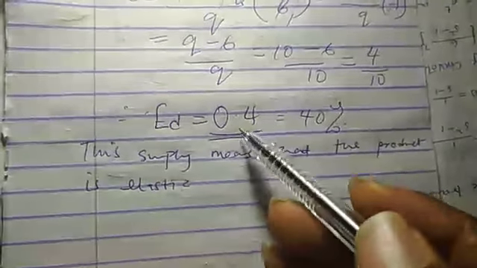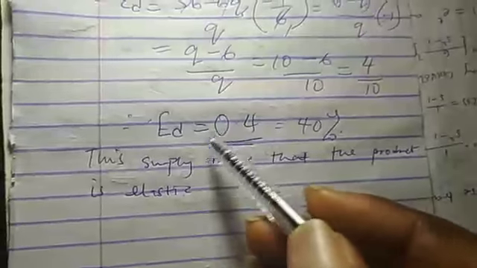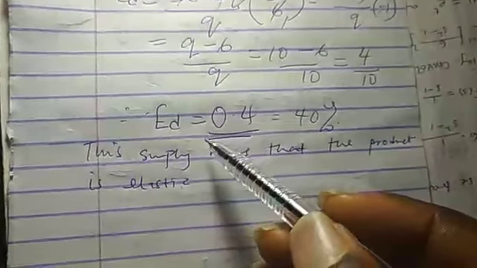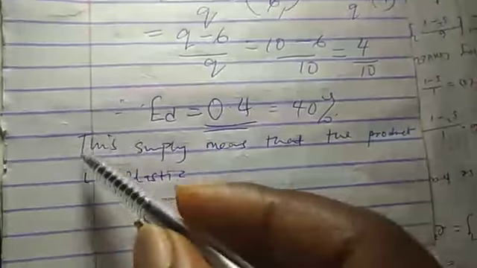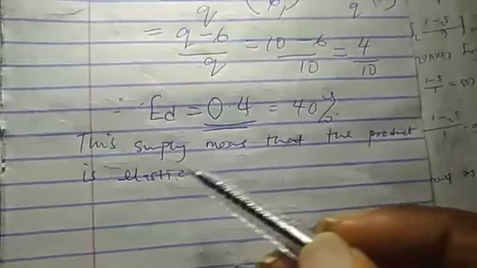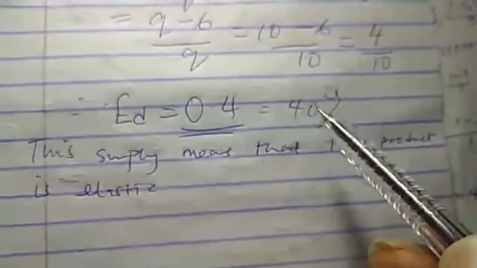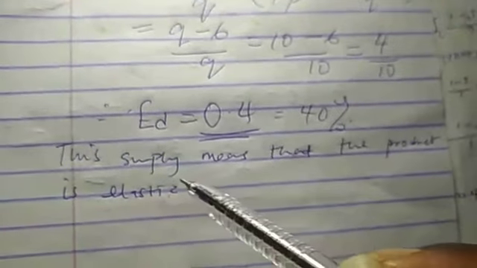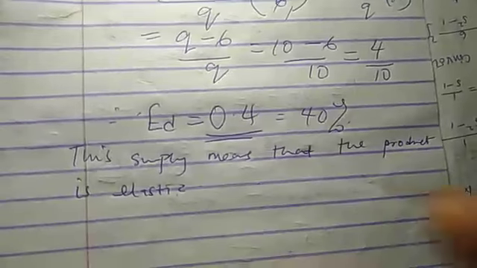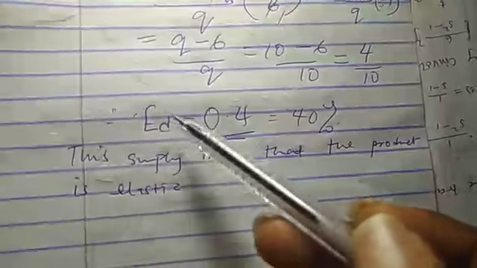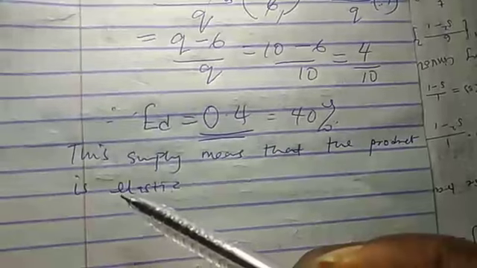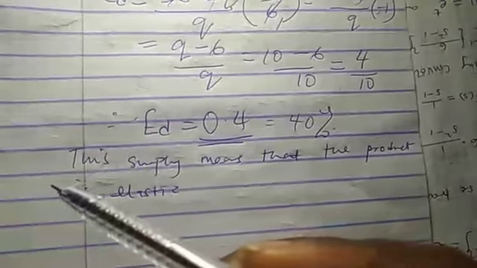What do they mean by elastic there? It means that if there is a change in price, people will not patronize the product. When elasticity of demand is low like this, that means that if you change the price of such a commodity, people will not patronize it, and that simply means the product is elastic.